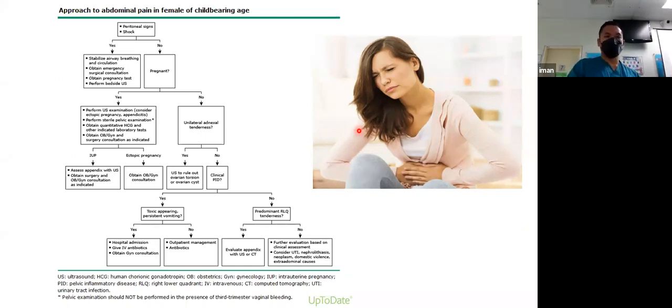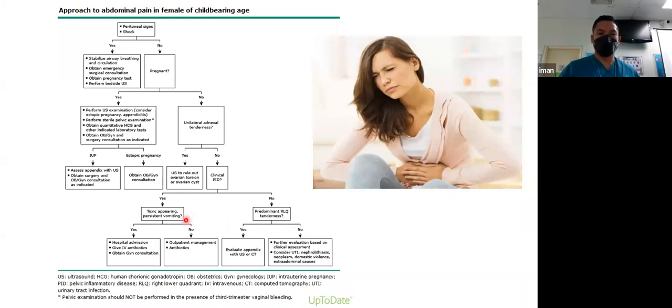If patient is pregnant, then we have to obtain O&G punya consultation lah, right? And also what additional thing we can do, we can take beta HCG and other indicated laboratory tests. If patient is not pregnant, then kita check if patient ada unilateral adnexal mass. So this one to rule out is either patient ada ovarian torsion or clinical PID. Okay.